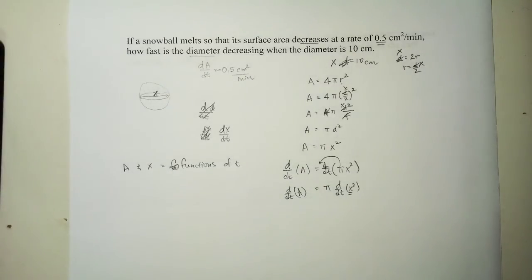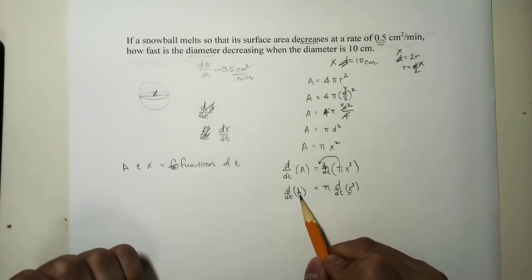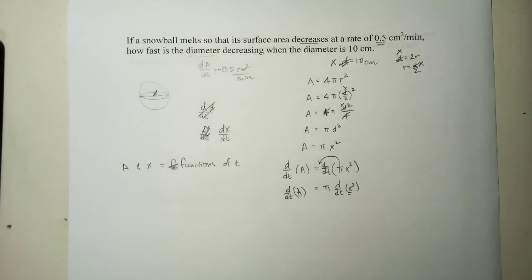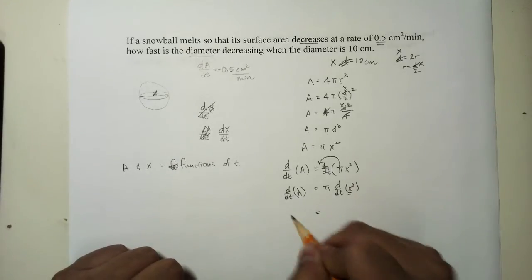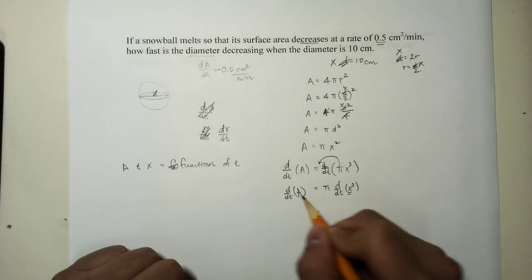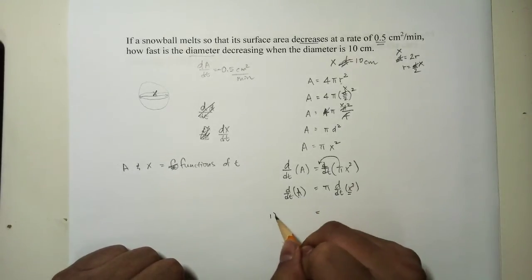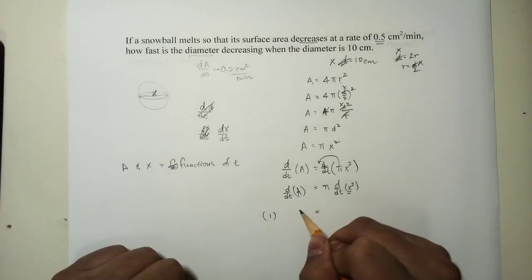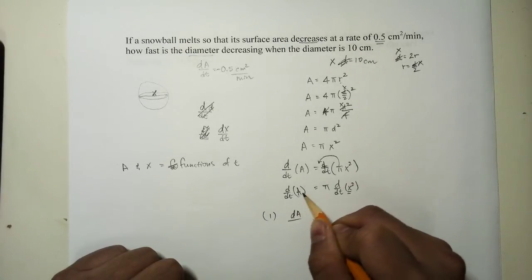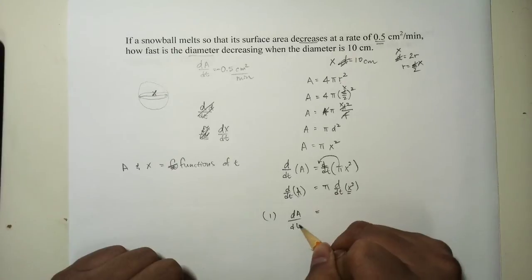Okay, they change as time changes. So we will need to apply the chain rule, and since we don't see t right here, it's called implicit differentiation. So we differentiate A, so A becomes just 1, but this is a function itself. We use the chain rule, we multiply by the derivative of the function itself.